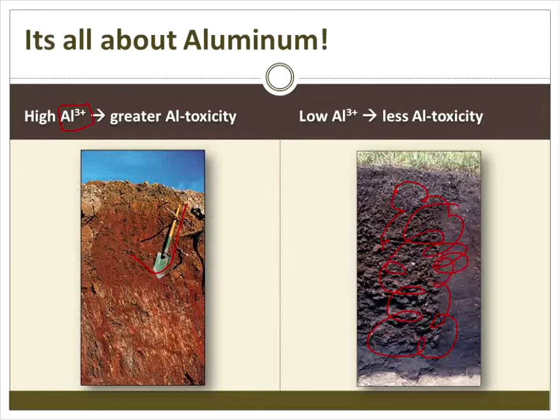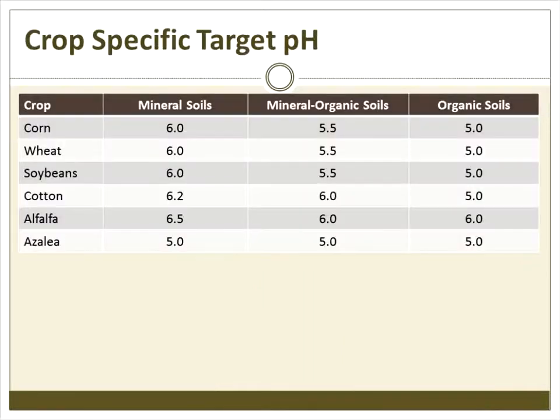So the point being is, as we go from these mineral soils to these organic soils, we go from having a lot of aluminum to having not much aluminum. Somewhere in between, right here, lies this thing we're going to call a mineral organic. It's a mineral soil with the heavy influence of organic, but it's not a true organic soil, all right?